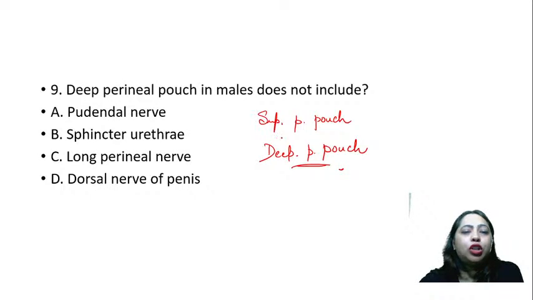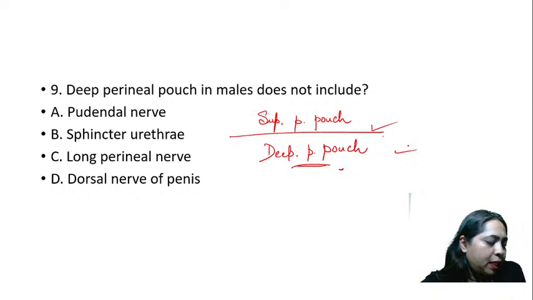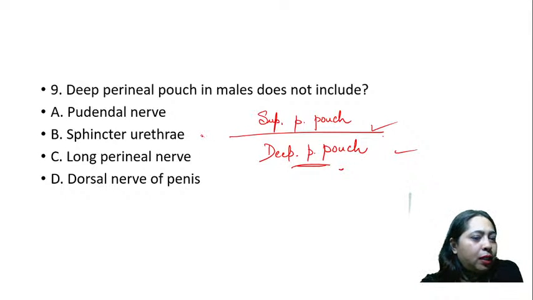There is a set of muscles which separate these. There is a urogenital diaphragm which separates the superficial from the deep. And the answer is... You think everyone thinks it is D, the dorsal nerve of penis.